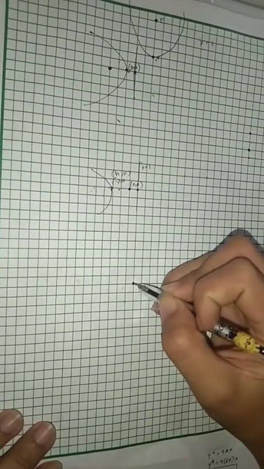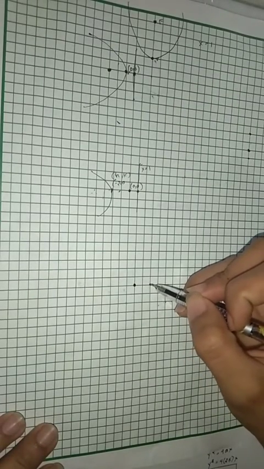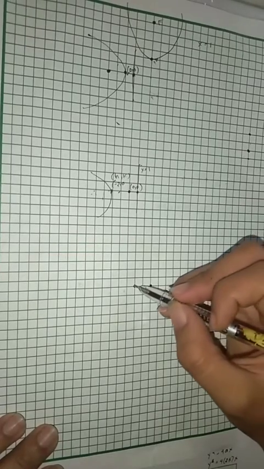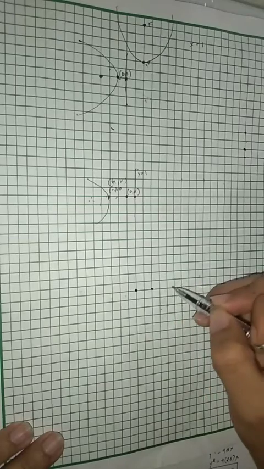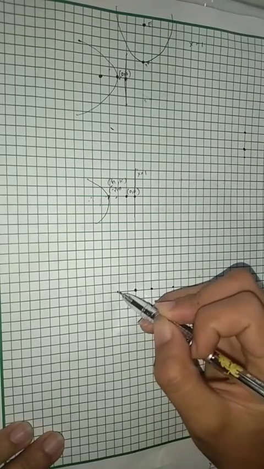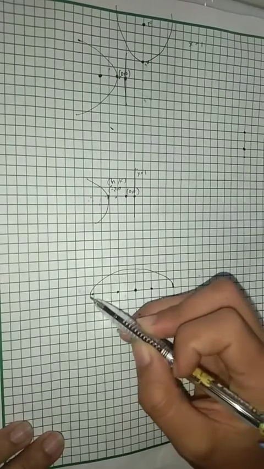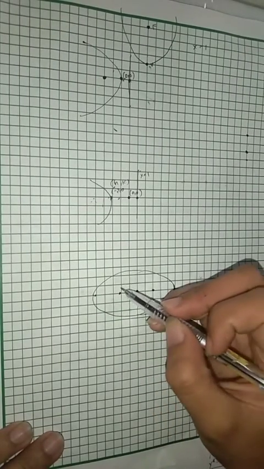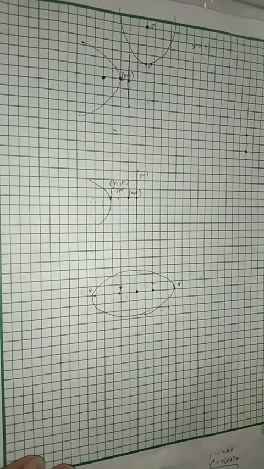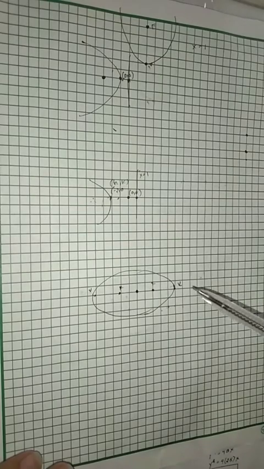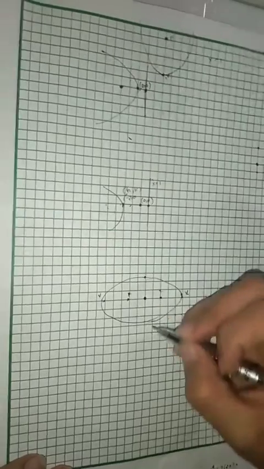If we have the center, we have two vertices: center, focus, vertex, focus, vertex. Our focus is still inside the curve. We have co-vertex as well.